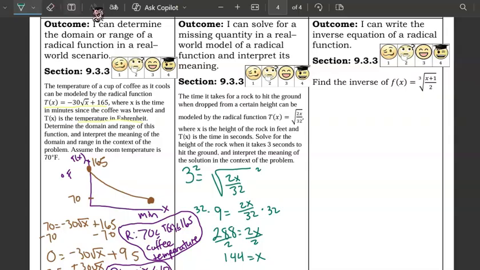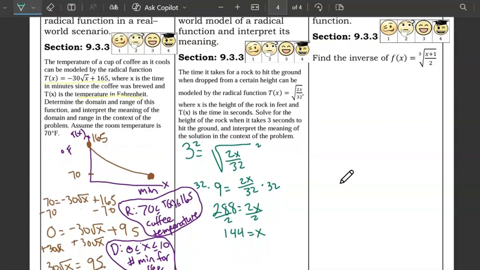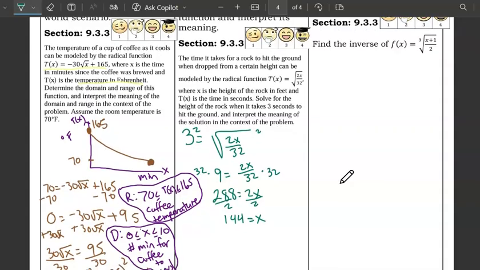So this answer basically means that the rock would need to be 144 feet up to take 3 seconds to hit the ground.